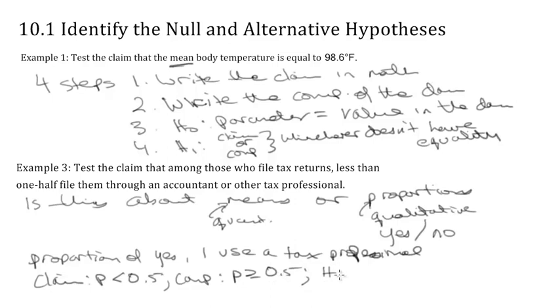The null hypothesis is that P is equal to 0.5 because the null is always equality, and the alternative will be either the claim or the complement, whichever one does not overlap with the null, and that's going to be the claim. P less than 0.5. Okie dokie, that's all I've got on this video.